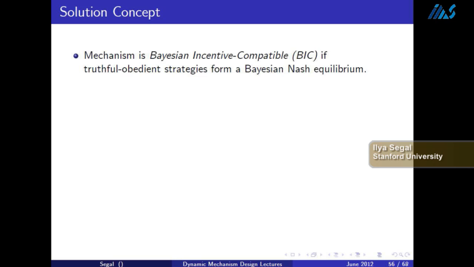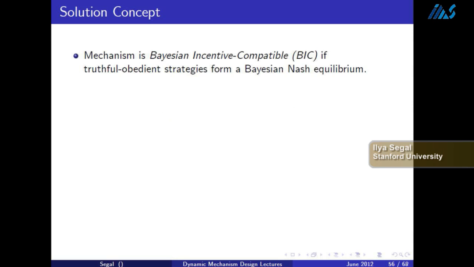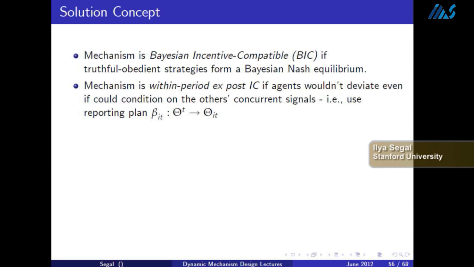Okay, so then we say a mechanism is Bayesian incentive compatible if truthful obedient strategies form a Bayesian Nash equilibrium. So that's one solution concept, and the easiest solution concept to work with. But you can refine it a little bit. For example, we talked about ex post incentive compatibility. Here we cannot get quite ex post incentive compatibility, but we can get something that's within-period ex post incentive compatible.